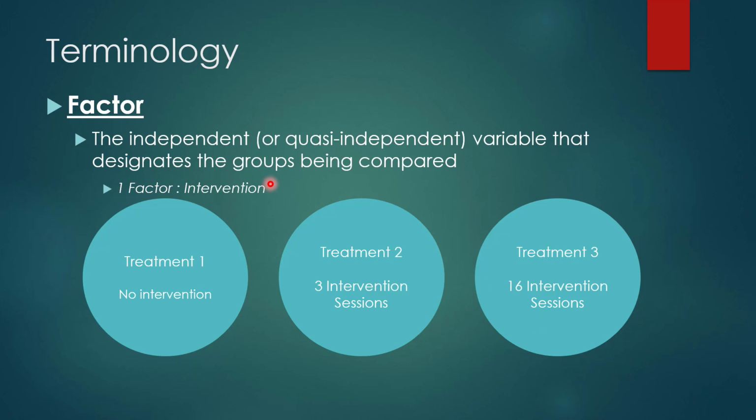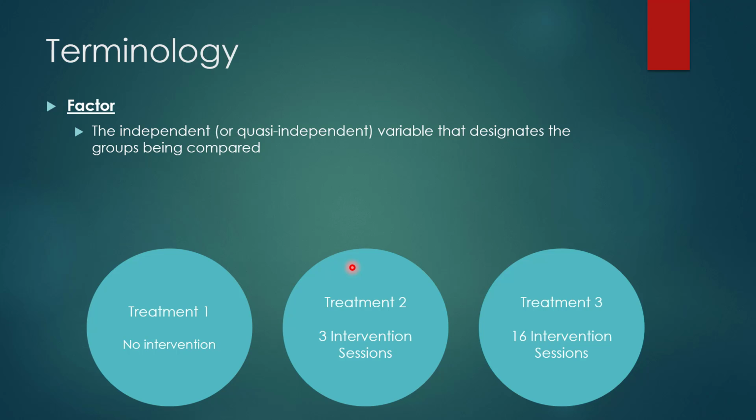So the factor was the intervention with 3 levels. And again, I want to compare treatment 1 with treatment 3, treatment 1 with treatment 2, and treatment 2 with treatment 3. Sure, I could do t-tests for all those different comparisons, but then I'm increasing that experiment-wise error. So with the factor, I had one factor.